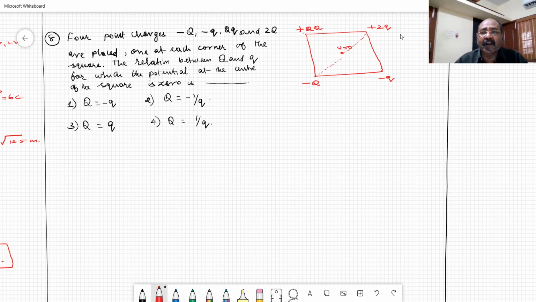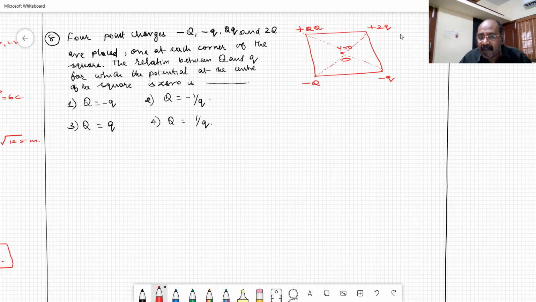Intersection of the diagonals. So at the intersection of the diagonals, that is at the center point O, you are having four potentials. The sum of the four potentials is 0.